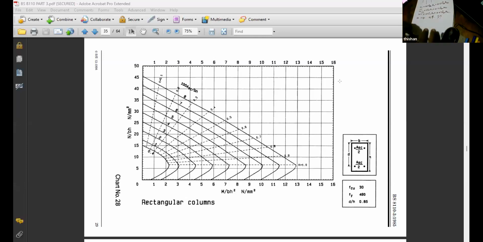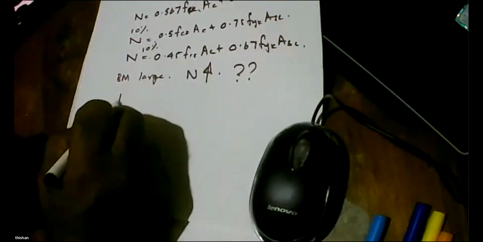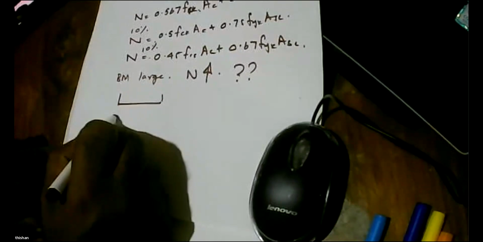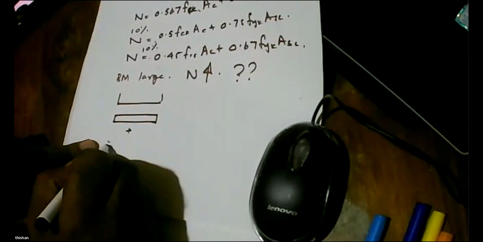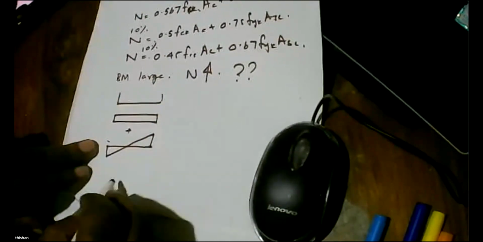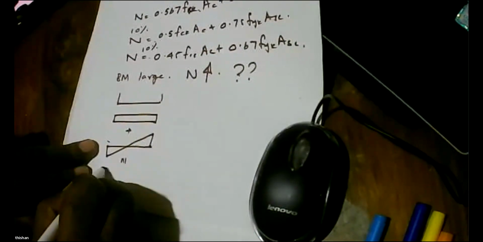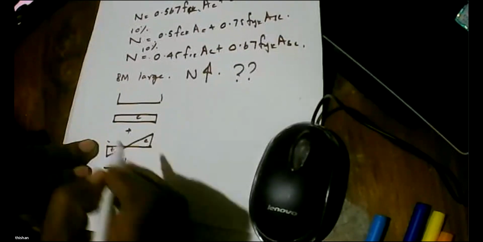So if you look at the situation in a column, we can have the column carrying some compression, and I'm deliberately drawing it with big moments like that. The net result can be this: compression, compression, tension.